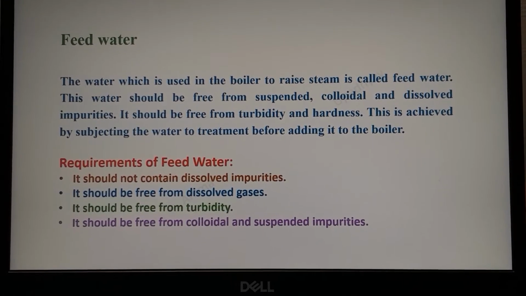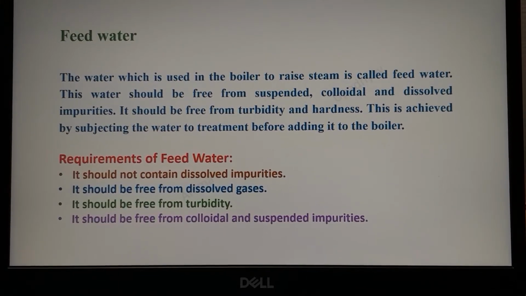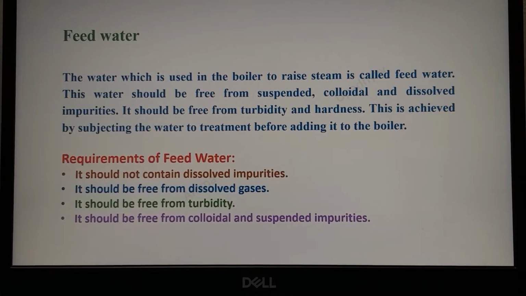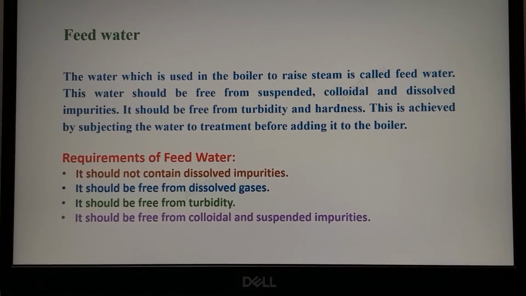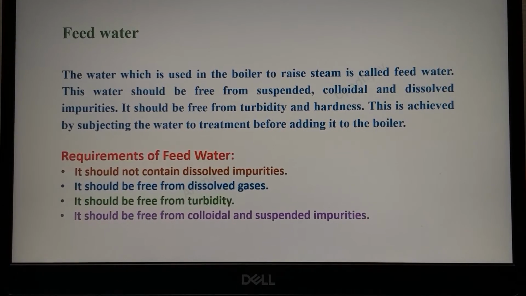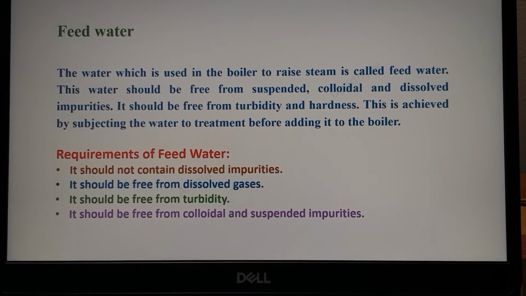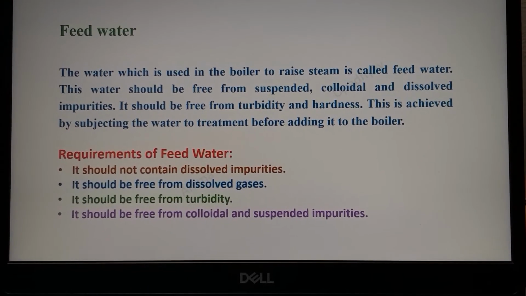So the requirements of feed water are that it should be free from the dissolved impurities. There should not be free dissolved ions present in this. There should not be dissolved gases present in this. And there should not be any turbidity. Also, it should be free from colloidal impurities and suspended impurities.